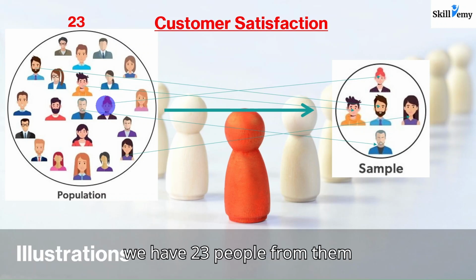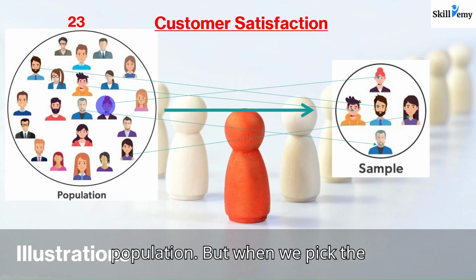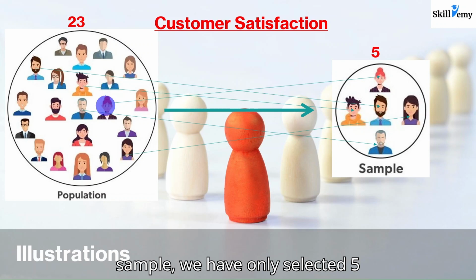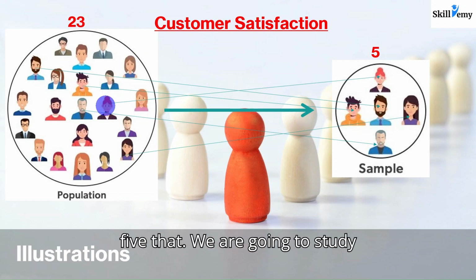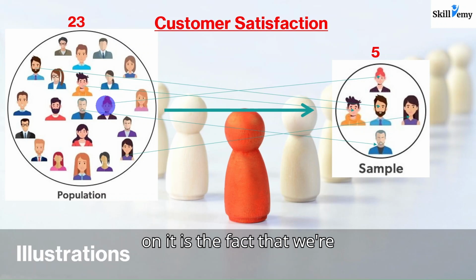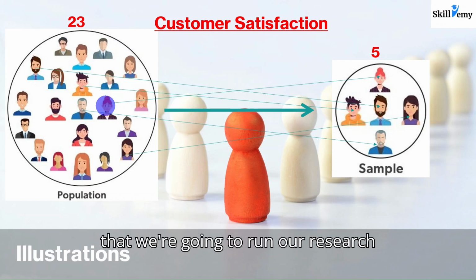Okay, so we have 23 people as the entirety of our population, but when we pick the sample, we have only selected 5 from the 23. And the 5 becomes our sample. It is the 5 that we are going to study. It is the 5 that we're going to observe. It is the 5 that we're going to run our research and our analysis on.